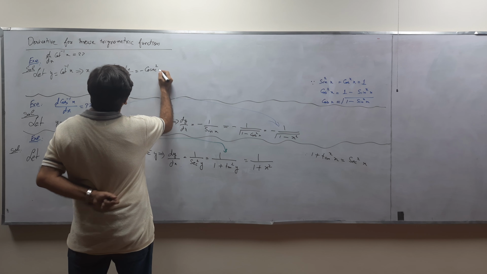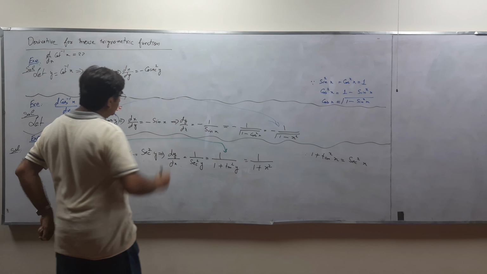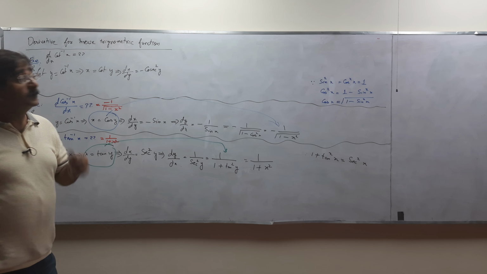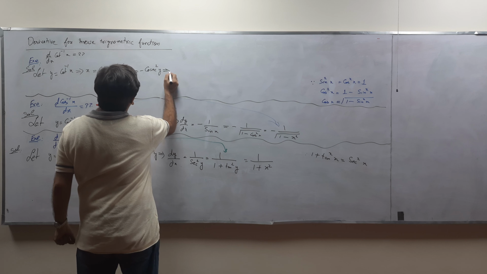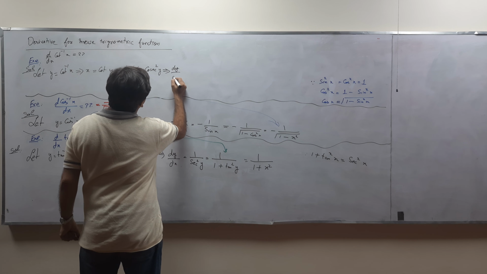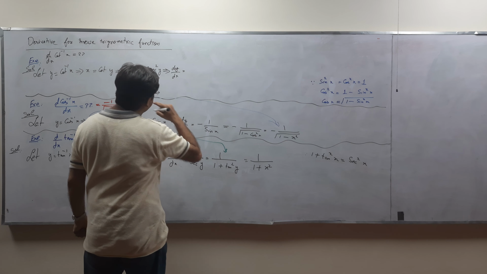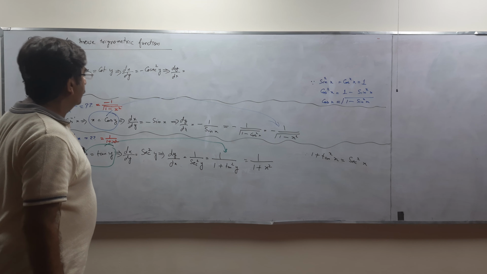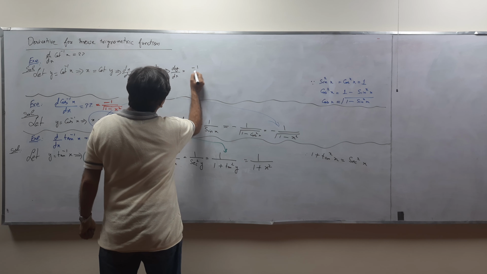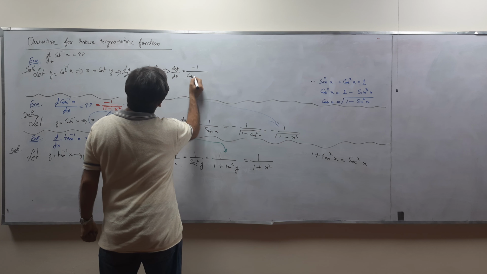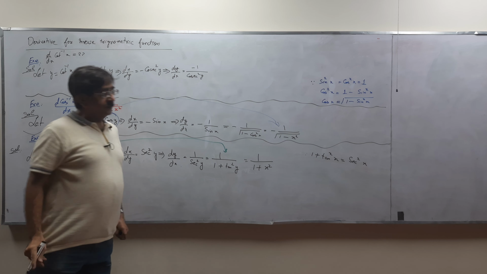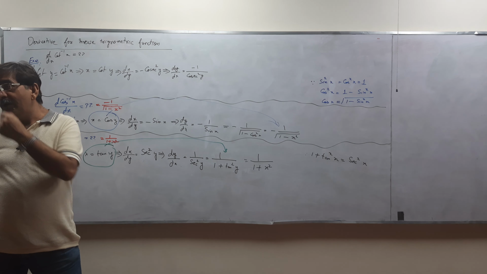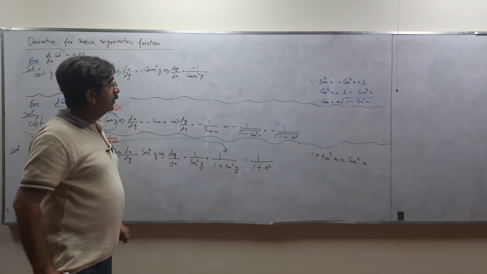Minus cosecant square y. So this implies that dy over dx is equal to minus 1 divided by cosecant square y.